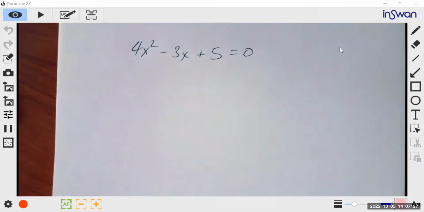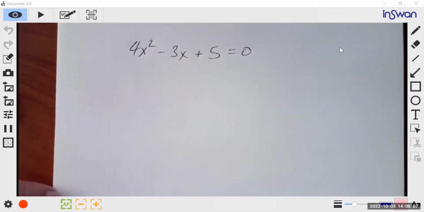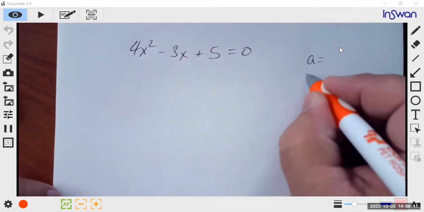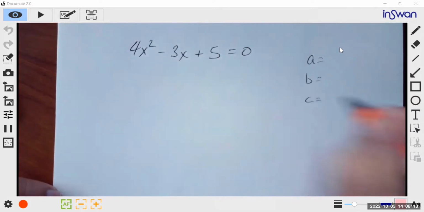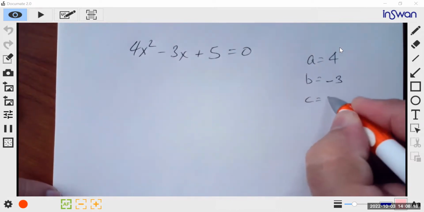Four x squared minus 3x plus 5 equals 0. What's the first thing you have to do? A, B, and C. What is A, B, and C?